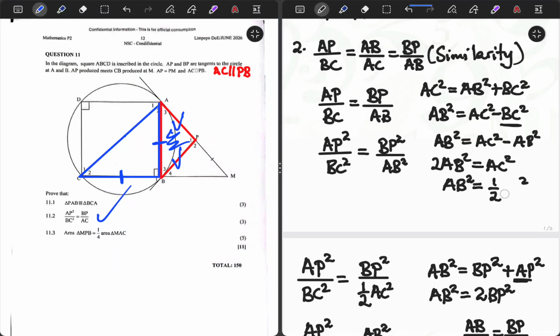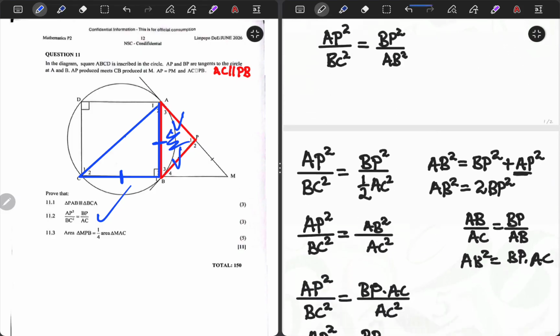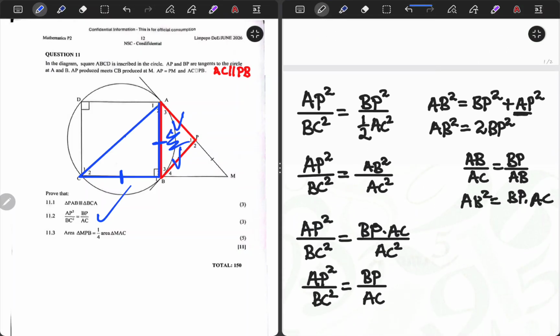I think it's this. This I should not write. But there is the work.